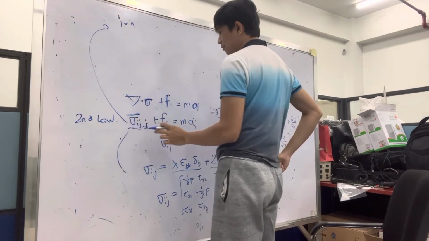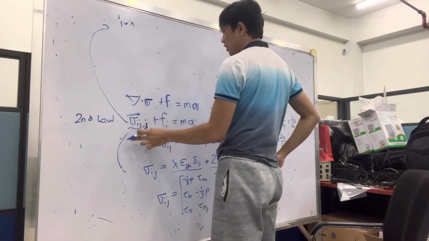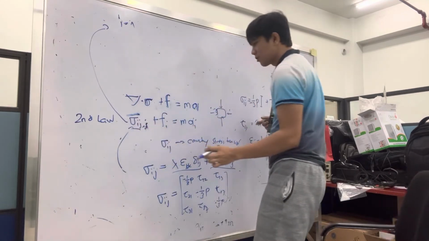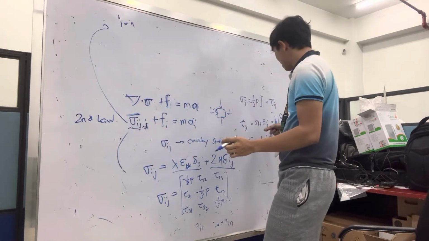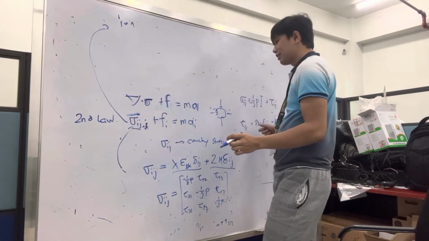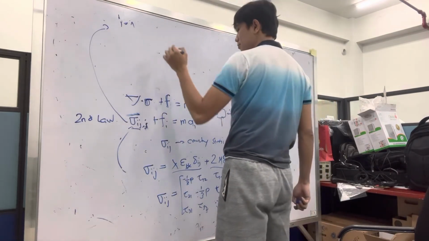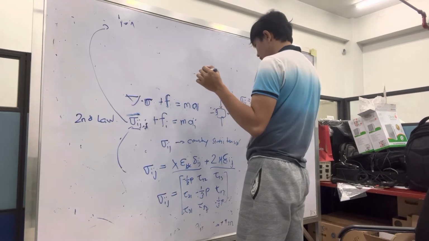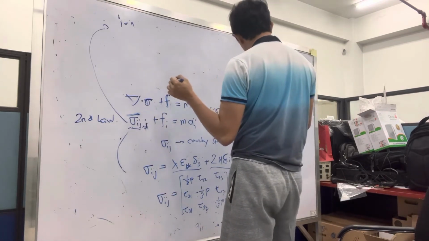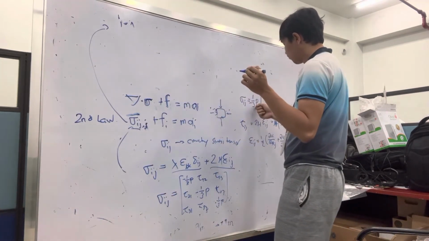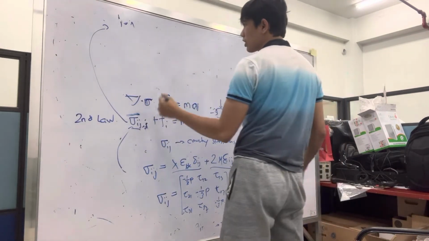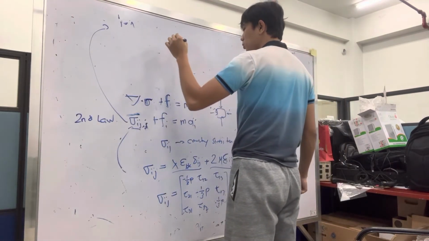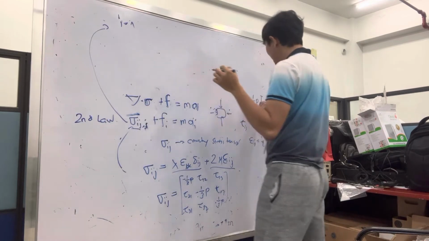So, yung Cauchy stress tensor ay kinuha natin yung derivative with respect to j, so yung changing na values.